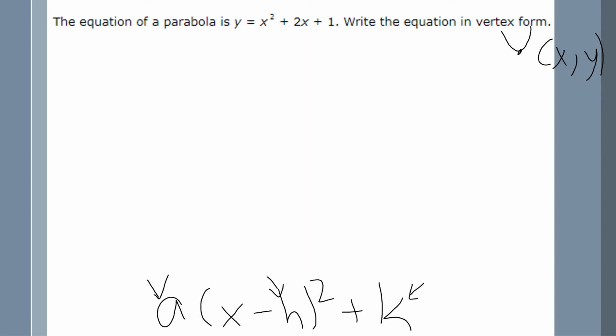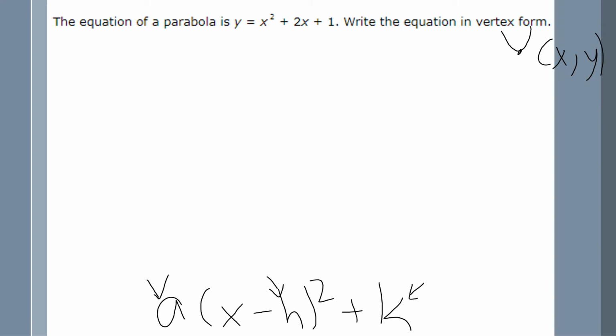So let's complete the square, the little technique that we have learned. So here, people, you've got something like x plus 2 plus 1.